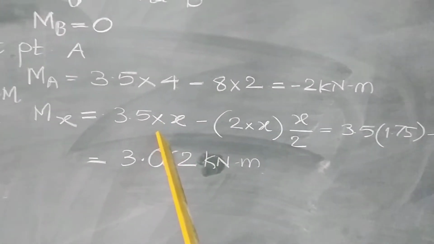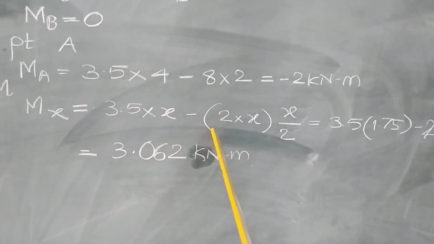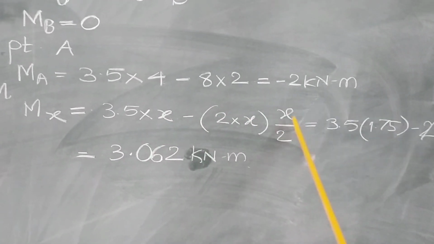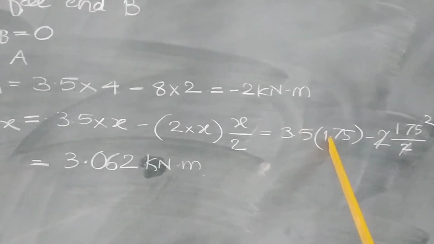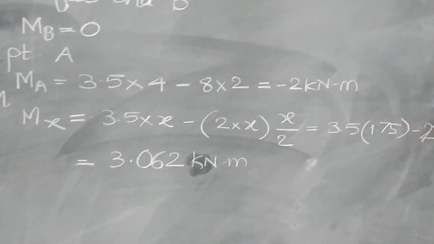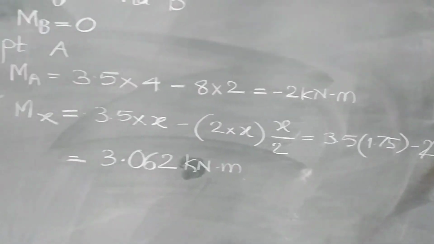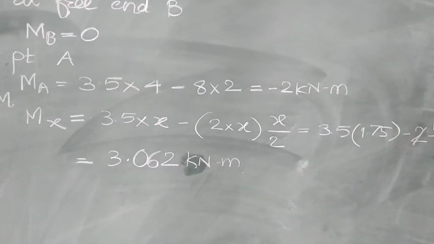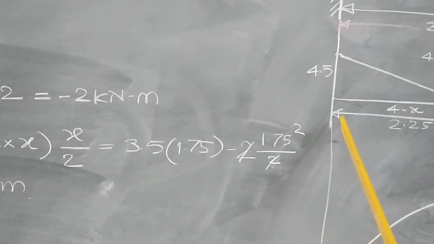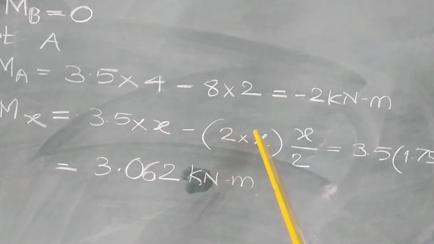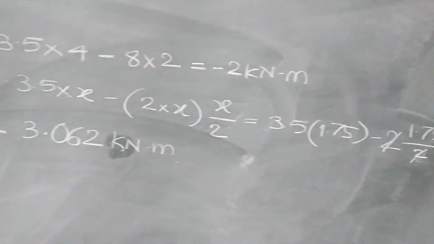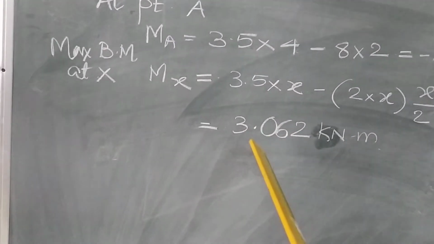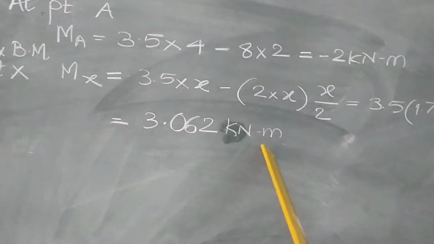So, 3.5 into x minus 2 into x by 2 is equal to 3.5 into 1.75 minus 2 into 1.75 square by 2, because 2 into 1.75 by 2, so it becomes a square. So it is nothing but 3.062 kilonewton meter.